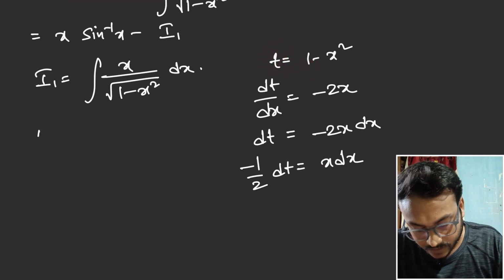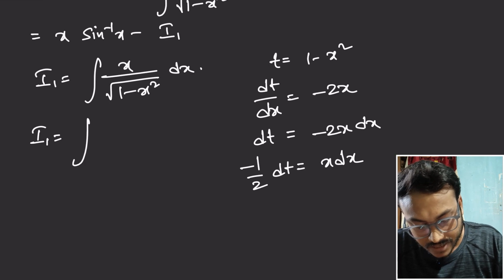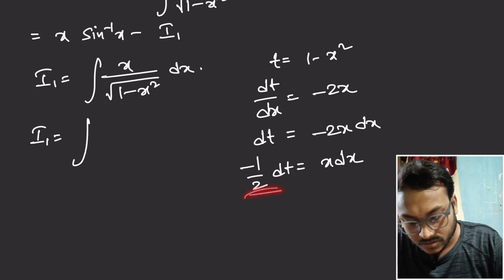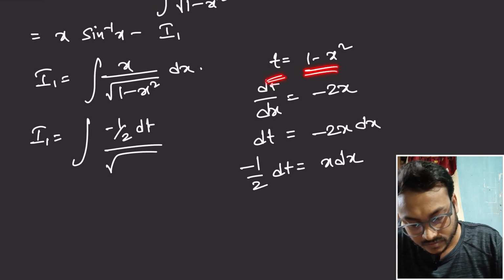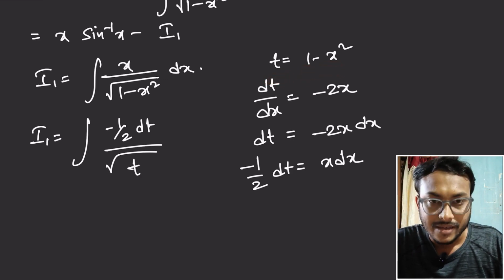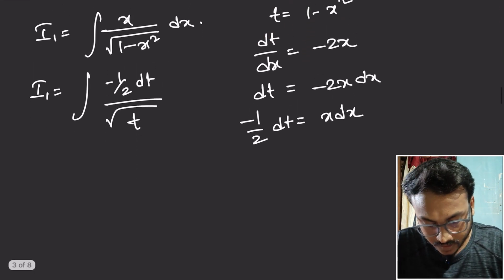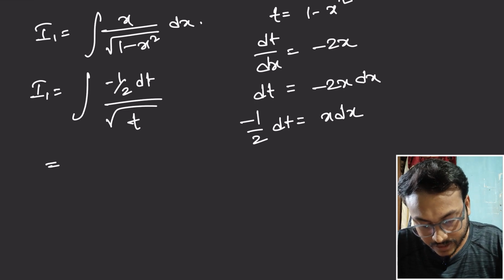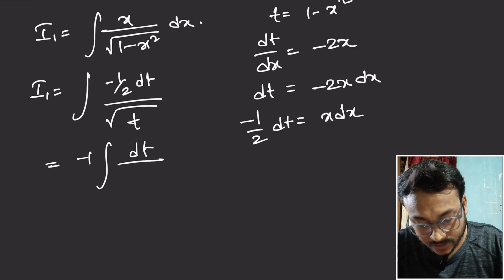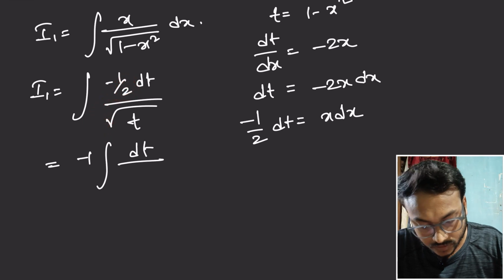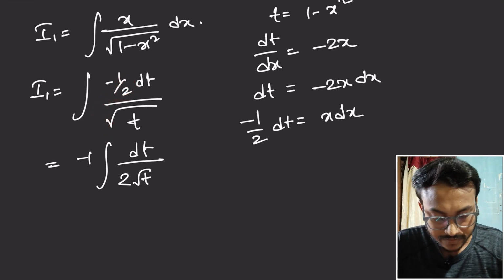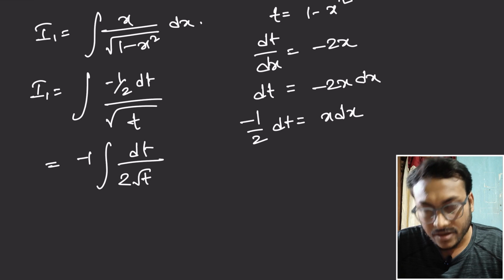So I1 will become integration of minus 1 by 2 dt divided by root t. Now we can take this minus 1 outside and dt will remain inside, and we can multiply the 2 with this root t. So 2 root t. Okay, now integration of 1 upon 2 root t.